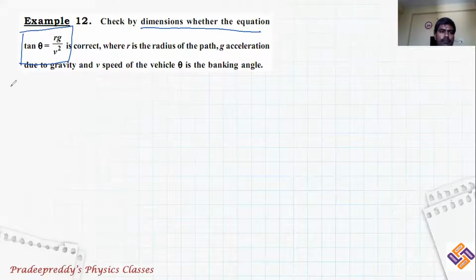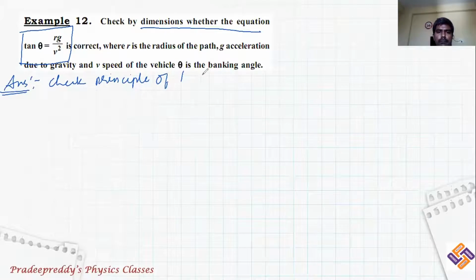Check the principle of homogeneity. If this is valid, then the equation is correct. If it obeys the principle of homogeneity, this is valid. If not, it is not valid.